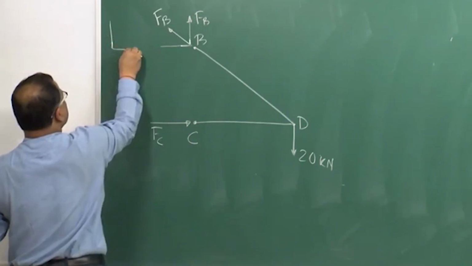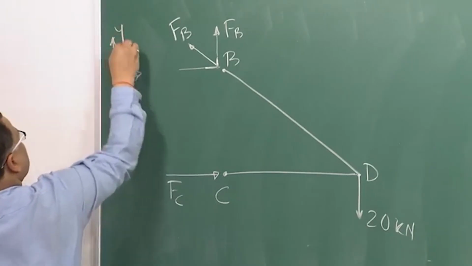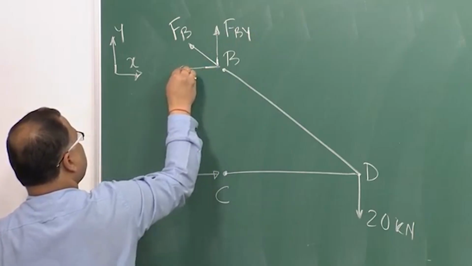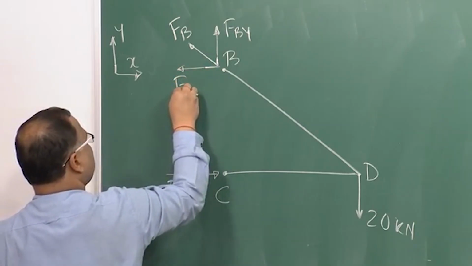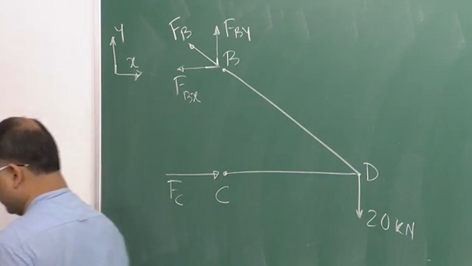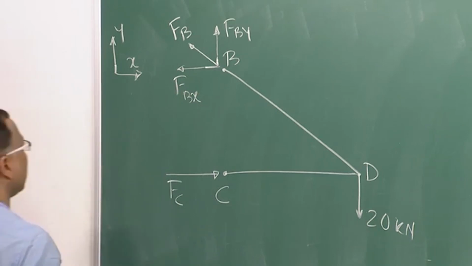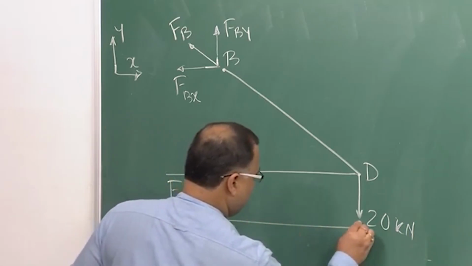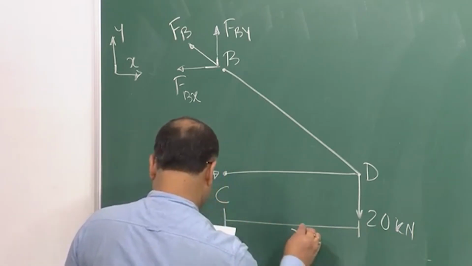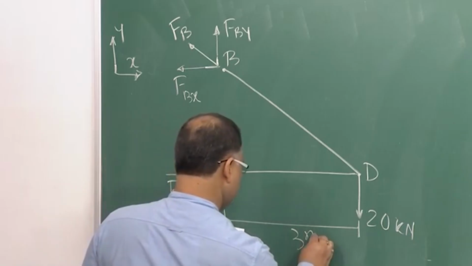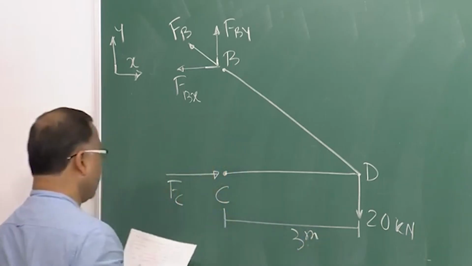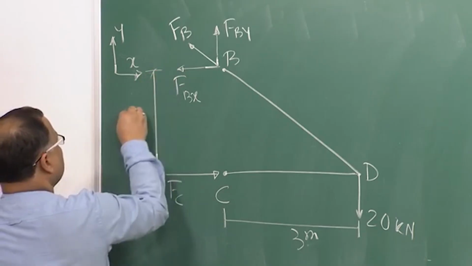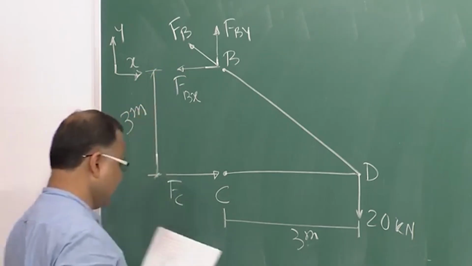If I say this is my x y, this is given as 3 meter, and this is also given as 3 meter. Okay.